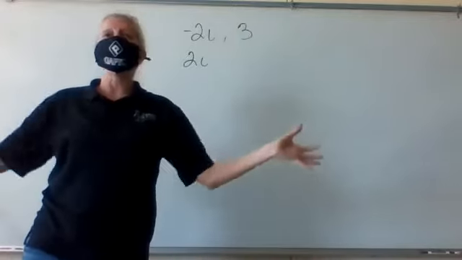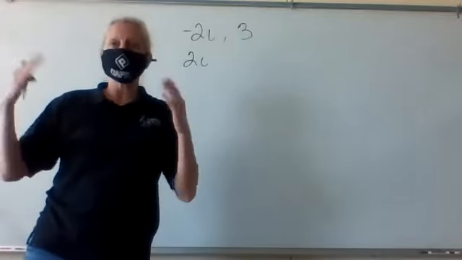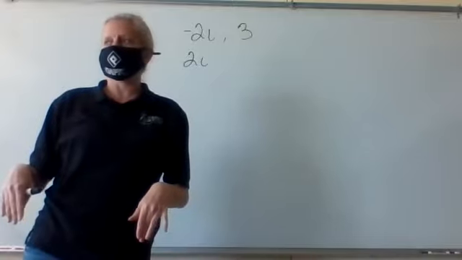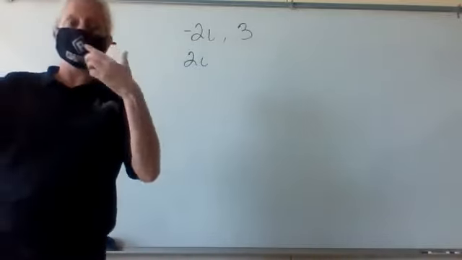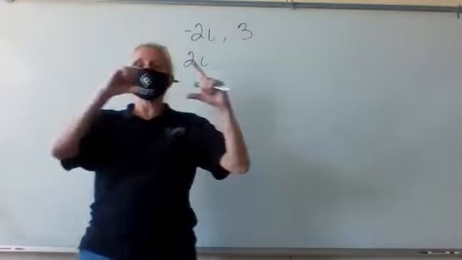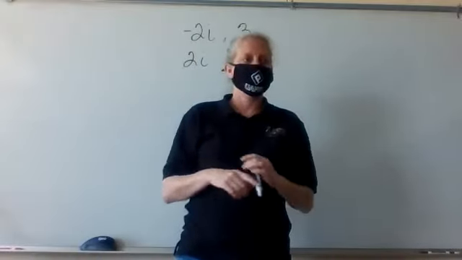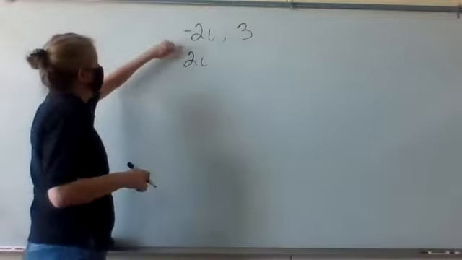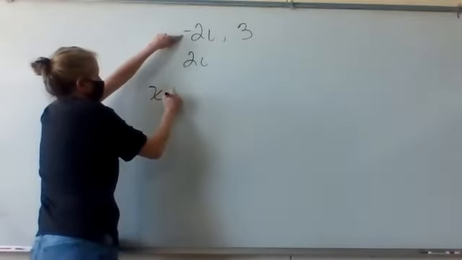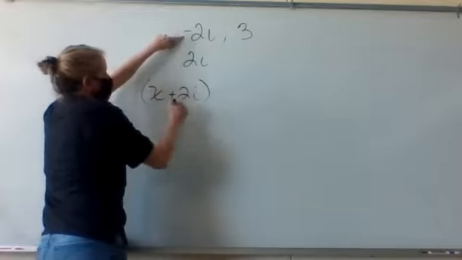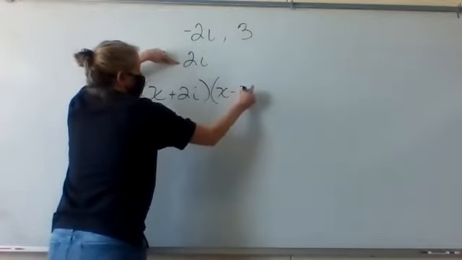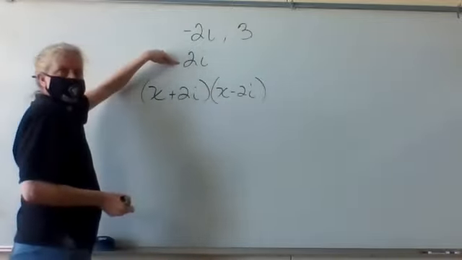So now we're going to throw it all together. We've got to now find the polynomial function, which means turn all, just like what we've been doing, turn all those zeros into their factors and then multiply them together. So if these are zeros, this one's factor would have been x plus 2i. This one's would have been x minus 2i.